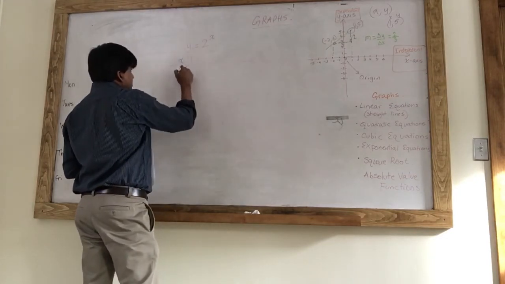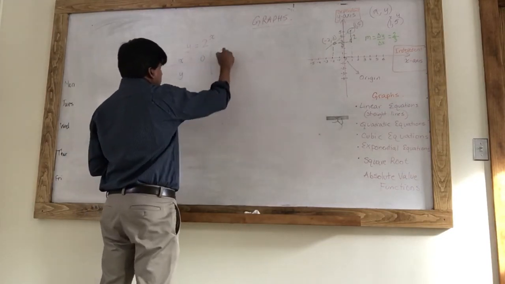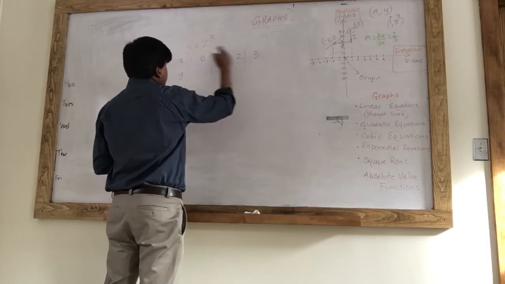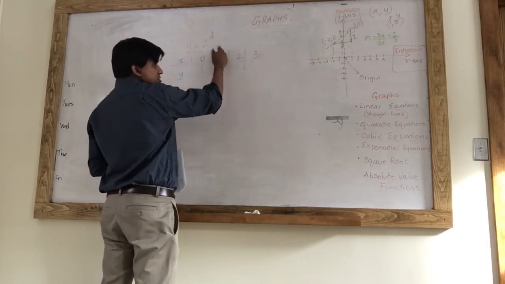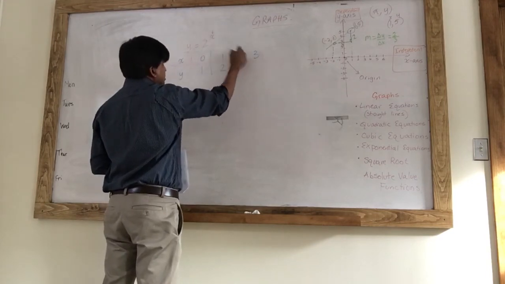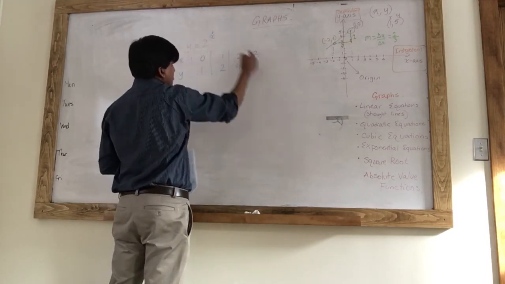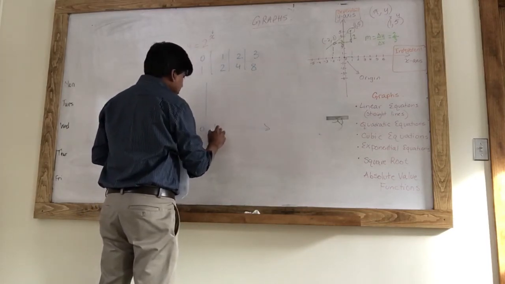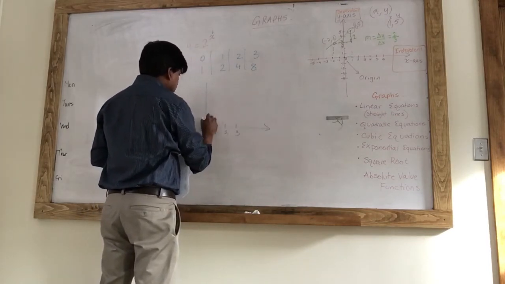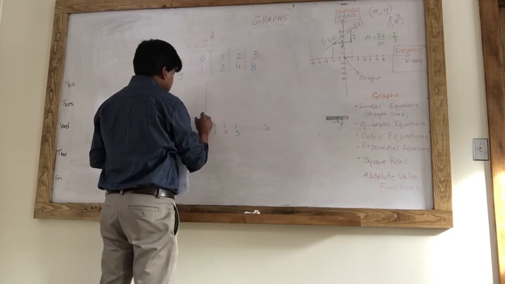Let's use some values really quick. Now if I put 0 up here, what's 2 to the power 0? It's 1. What's 2 to the power 1? 2. What's 2 squared? 4. What's 2 cubed? 8. If I plot all of this, I get 0, 1, 2, 3. Let's take 2, 4, 6, 8.